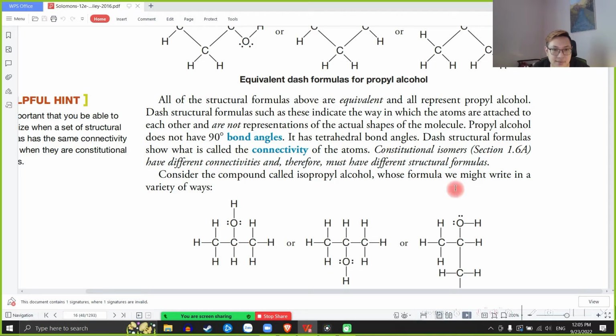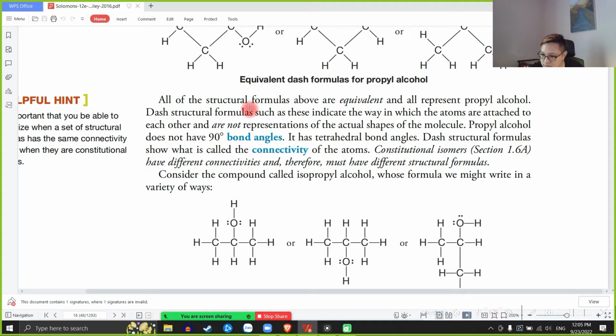Alright, please read all of the structure formulas. Structure formulas above are equivalent and always represent propyl alcohol.